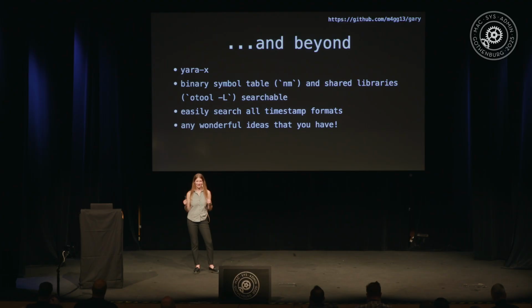I also am really excited about the idea of being able to search binary symbol tables and binary shared libraries in a way where you can have multiple binaries selected at once. Anyone else, I guess, who's interested in binary symbol tables maybe would also be interested in that because it's kind of annoying to do en masse as it is. Also, searching timestamps is something that can be a challenge.